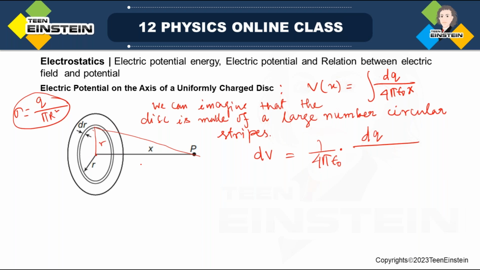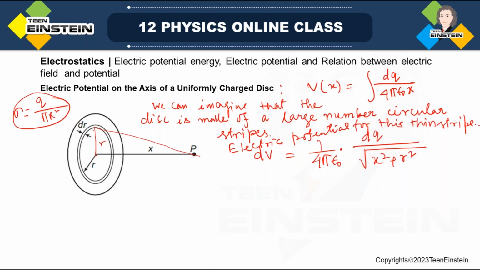This is small r and this is x, so the distance is the square root of x squared plus small r squared. So this is the electric potential for this stripe, that is dV.